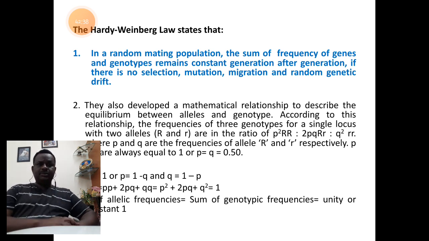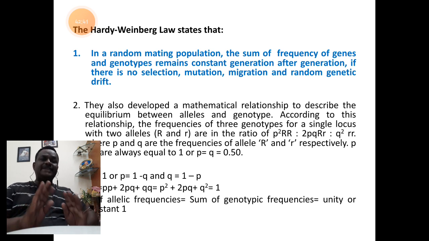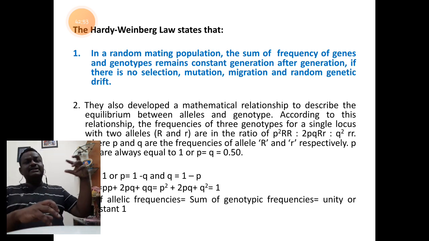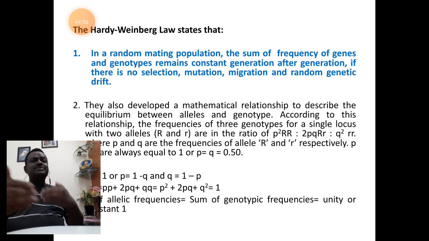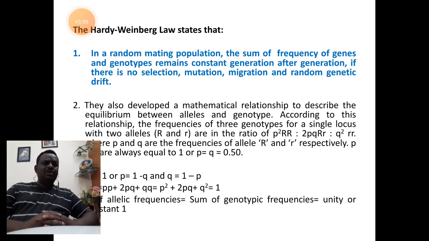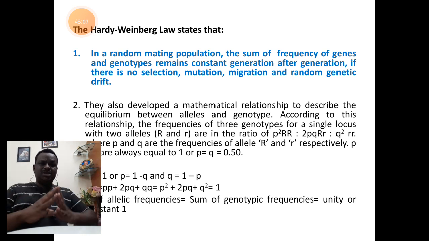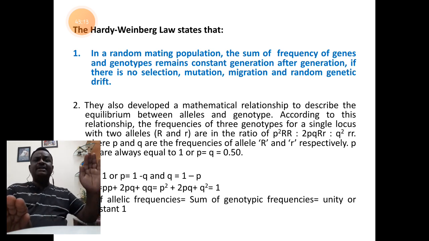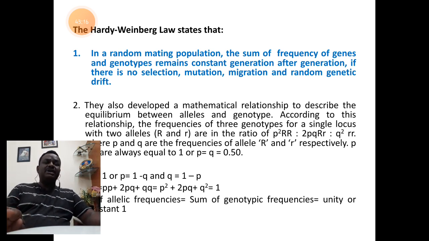The condition is that there is no selection, no mutation, no migration, no genetic drift. If there are no external forces or disturbance factors acting on this randomly mating population, then in such a large population, the sum total of genotypic frequency and allelic frequency remains equal to a constant 1.